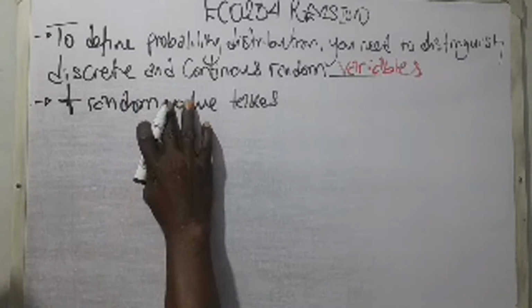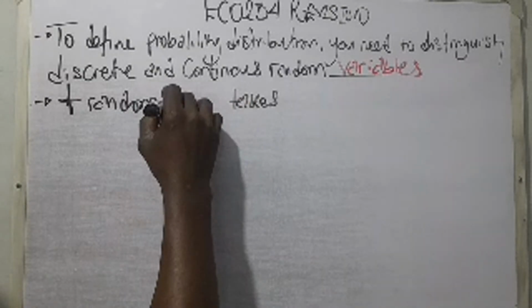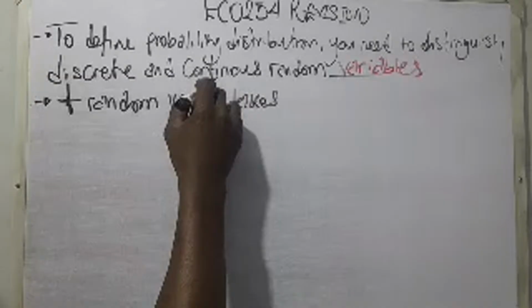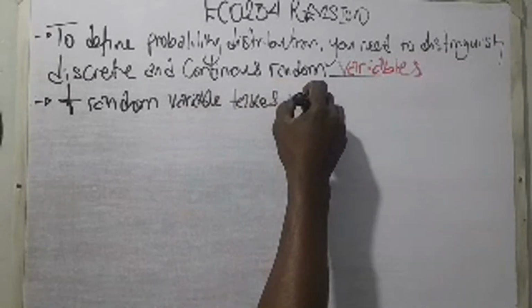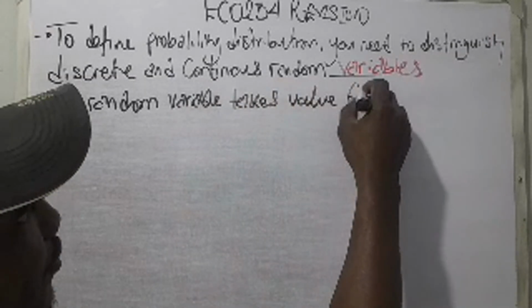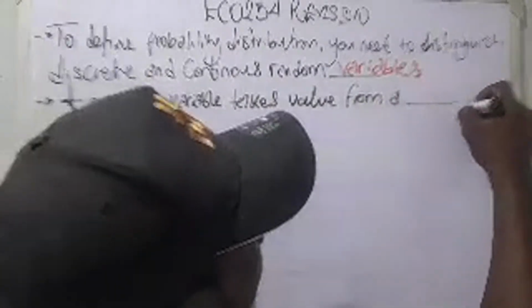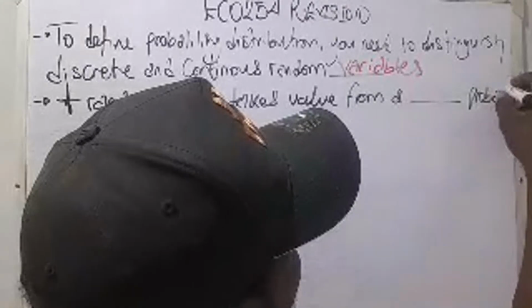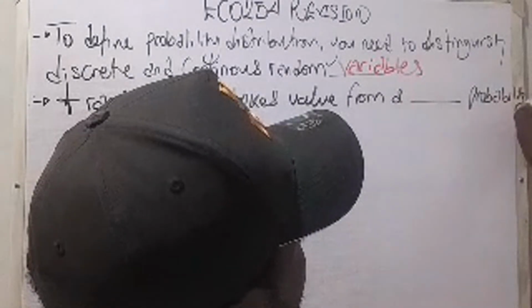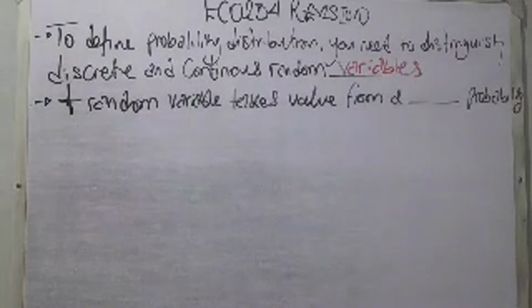A random variable takes value from a dash probability. So we have question 2.